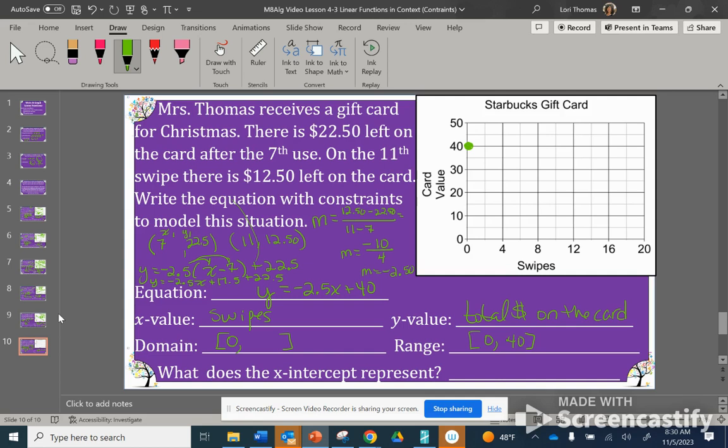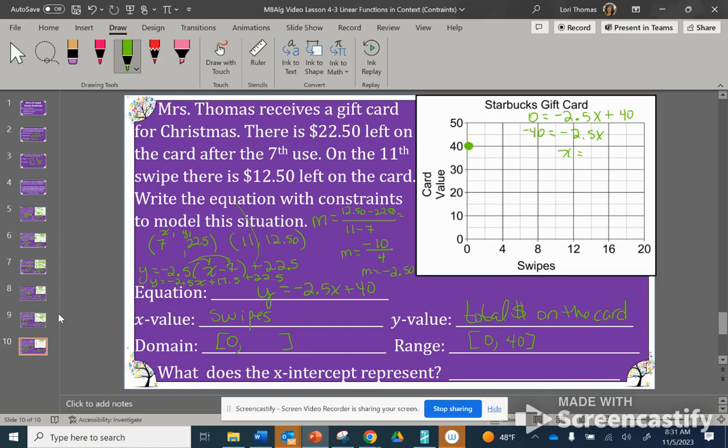So let's find our x-intercept by plugging in 0 for y, which is total money on the card, and see how many swipes Ms. Thomas can get. So we're going to subtract the 40. And then we're going to divide each side by negative 2.5.